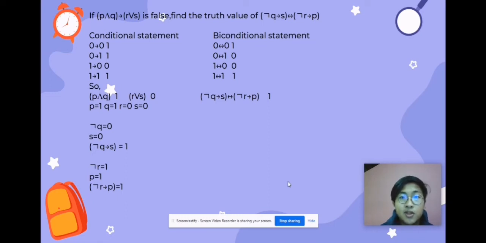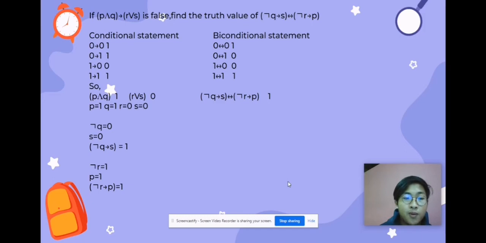So let's go to the question. Not Q implies S. Not Q is equal to 0 because Q equal to 1 and S equal to 0. So 0 implies 0. So we get it as 1 based on conditional statement. Not R implies P. Not R equal to 1 because R equal to 0 and P equal to 1.